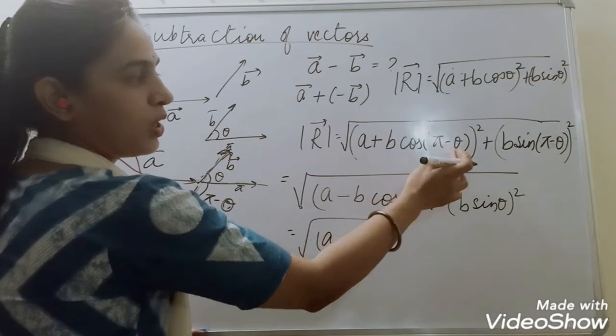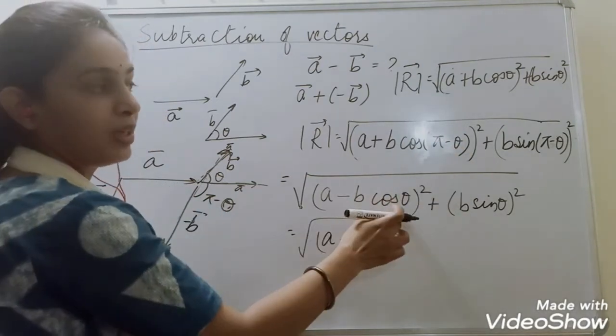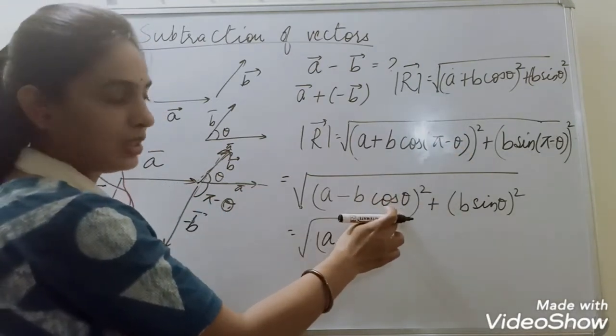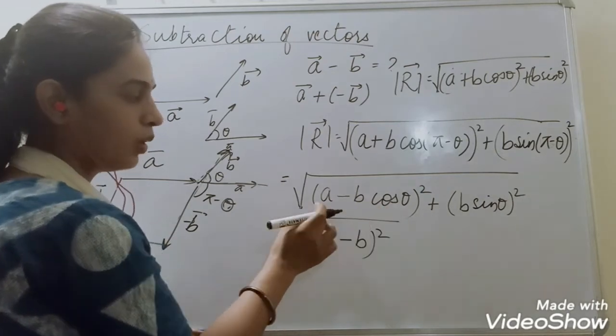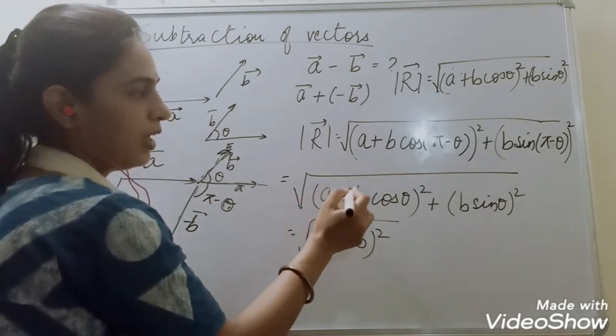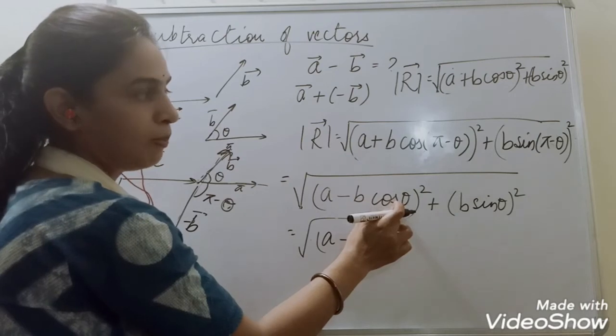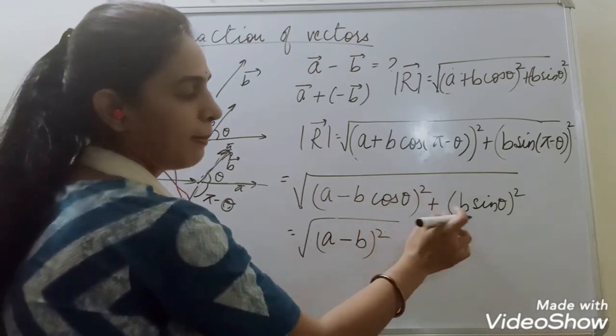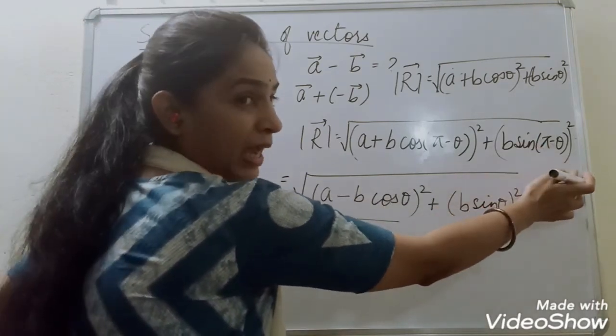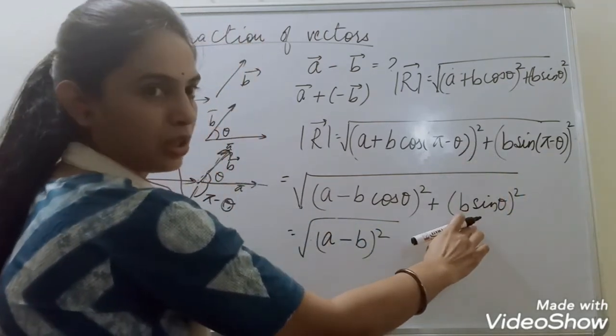What is cos pi minus theta? That is minus cos theta. Cos 180 minus theta is minus cos theta. So you get A minus B cos theta whole square plus B sin pi minus theta, which is sin theta only.